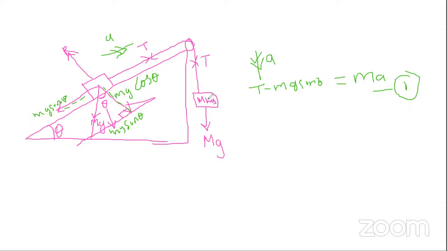Then for the other particle, we have capital Mg minus T equal to capital M A, and this becomes equation 2. We add the two equations and find the value of the acceleration, and then substitute and find the corresponding value of the tension in the string.